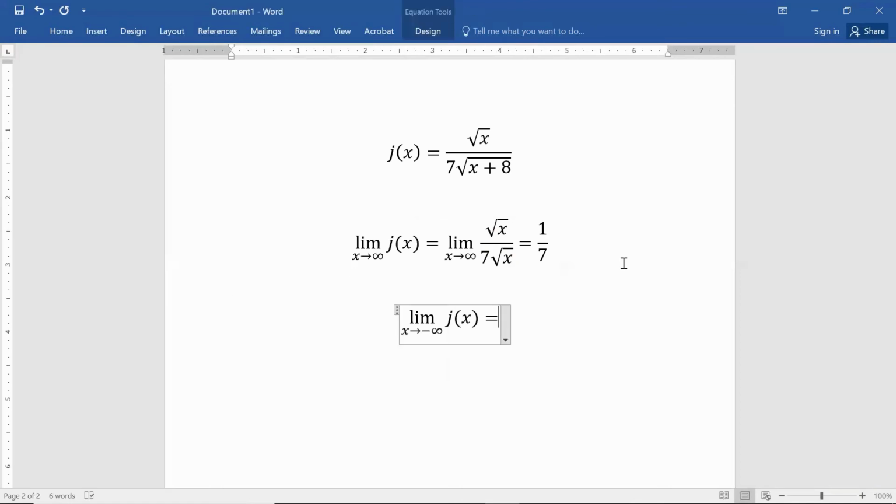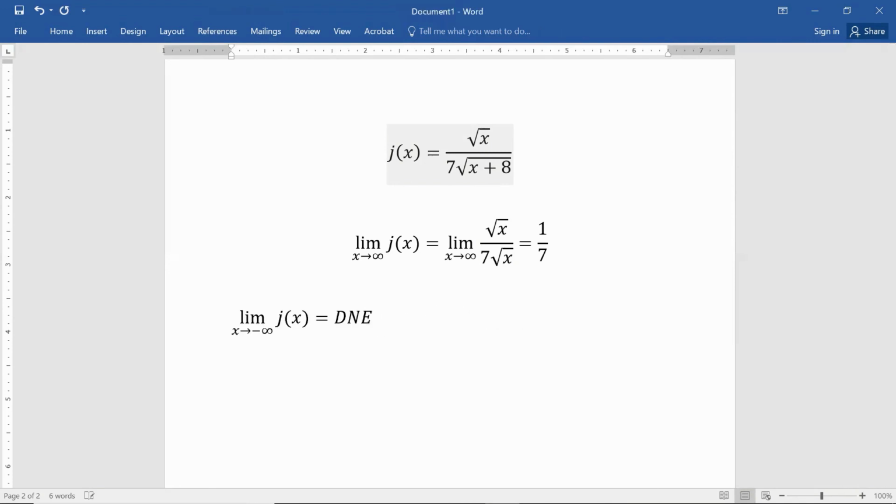Now, here's the thing you have to really watch out for. In this case, you can't say the limit as x goes to negative infinity is 1/7, because as x goes to negative infinity, you're plugging in really small numbers. And that means the numbers you're plugging in are negative. Well, the domain of j of x does not allow you to plug in really big negative numbers.